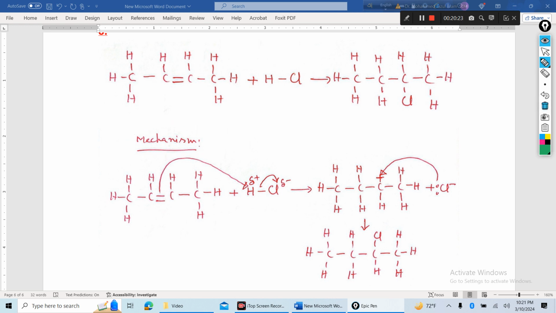First, chlorine takes the electron. As chlorine is more electronegative, it becomes partially negative.